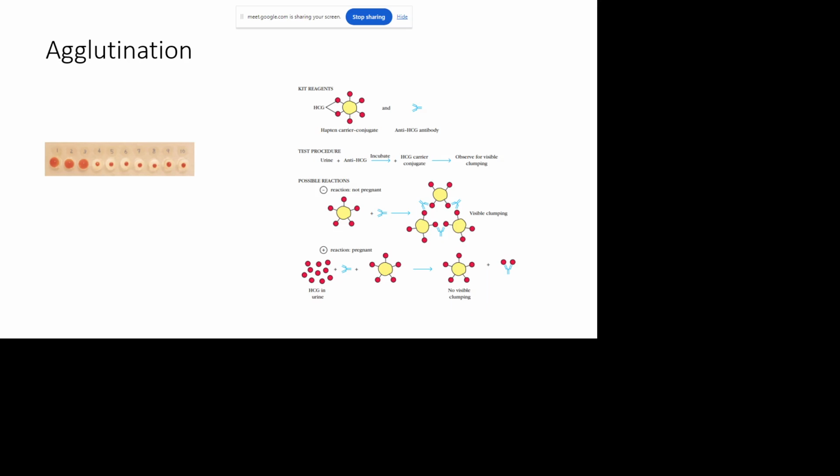agglutination. For example, here, in this experiment, what has been done? They have taken the RBC. They have taken one particular protein from the RBC cell, and they use the anti-RBC protein serum, and then they use different concentrations of the serum, they dilute it, and then you can see that each dilution presents a different level of agglutination, right?